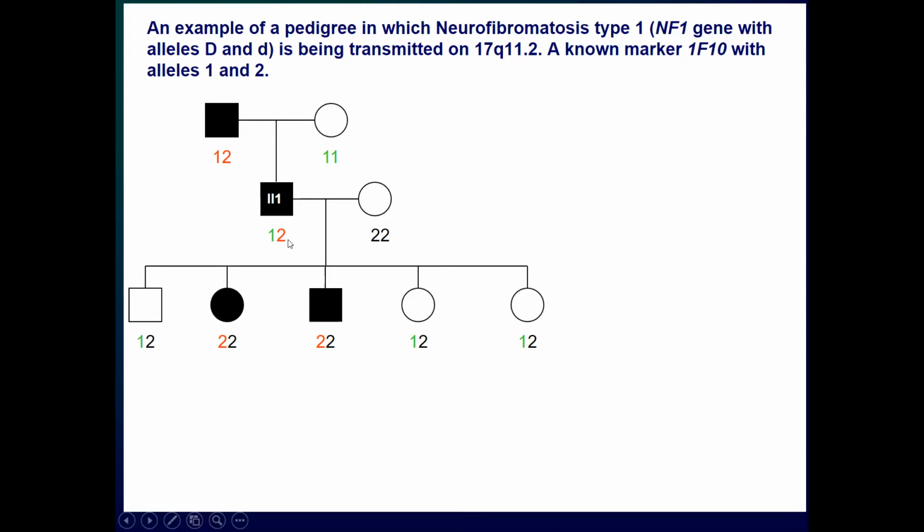So, under the assumption that there is linkage, capital D will be on the same haplotype with 2, and every individual that we see in the 3rd generation with 2, we do expect to also have the disease under the assumption that there is linkage. So the 2 here came from the healthy mother, but 1 from the father, unaffected, no recombinant.